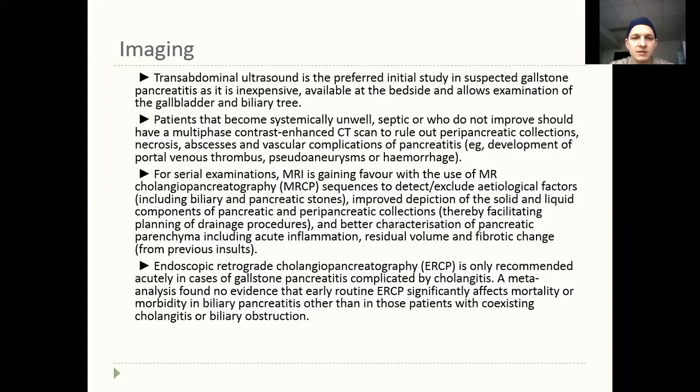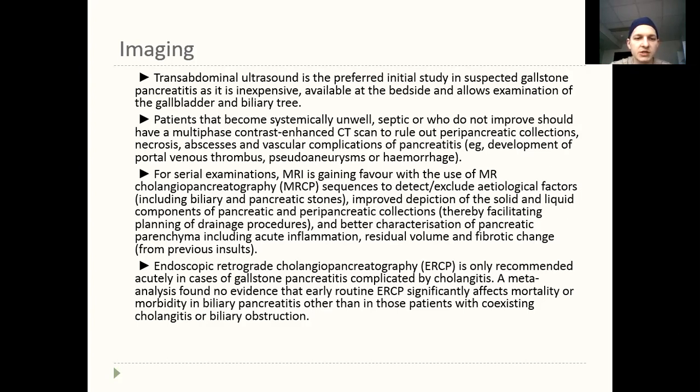Patients that become systemically unwell, septic, or who do not improve should have a multi-phase contrast-enhanced CT scan to rule out peripancreatic collections, necrosis, abscesses, and vascular complications of pancreatitis. For example, development of portal venous thrombosis, pseudoaneurysm, or hemorrhage.